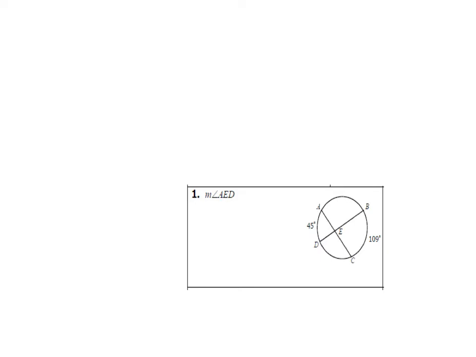Number 1 says find angle AED. Angle AED. So that's going to be that angle and this angle. Well, the angle is across from 45 and the other angle is across from 109. So the first thing you want to do is write down the formula. The angle, which is angle E, is equal to half, I'm going to call it arc 1 plus arc 2.